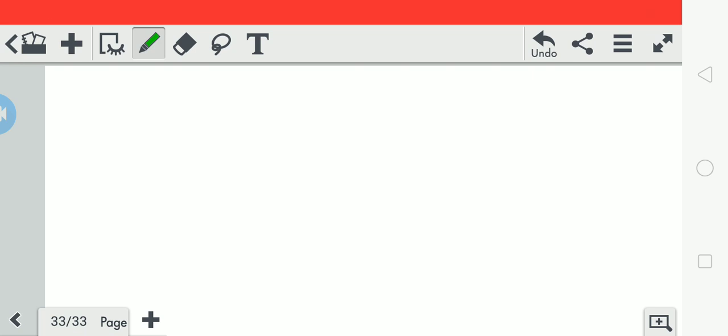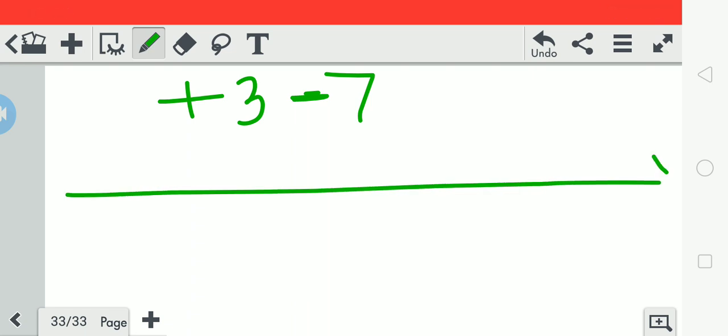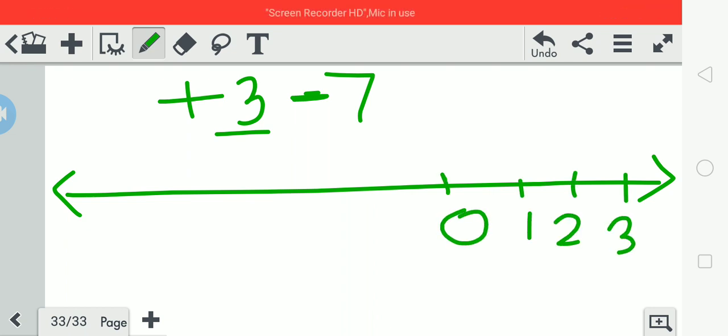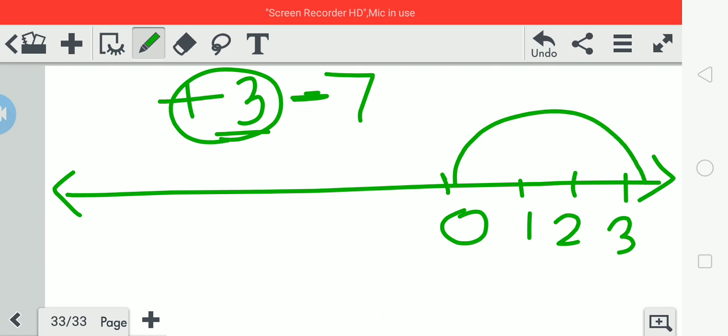Again, we can see one more example: plus 3 minus 7, right? So your first number is 3 here, so draw the 3 on the number line: 0, 1, 2, 3, right? Now take the first move from 0 to 3.